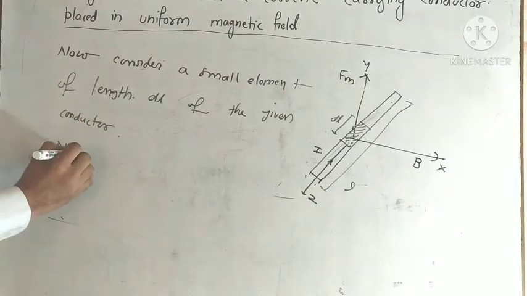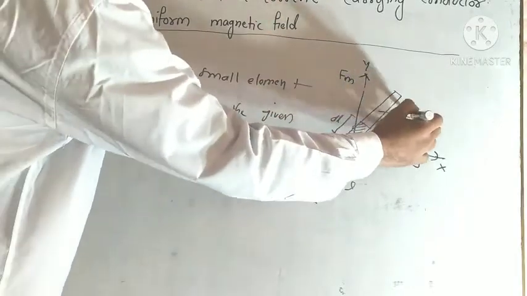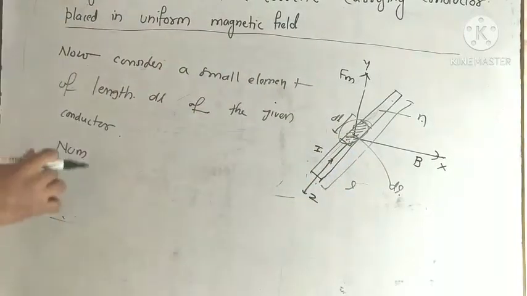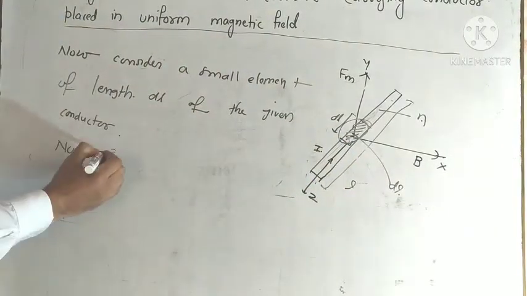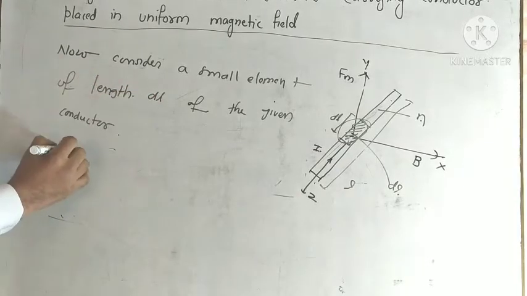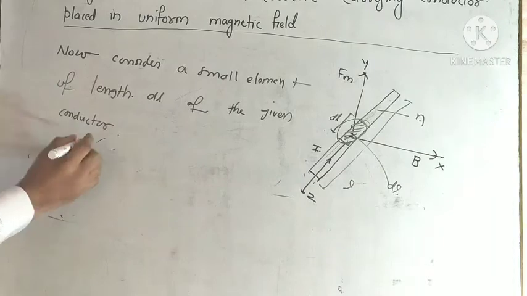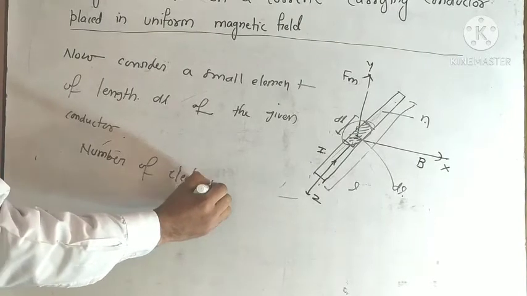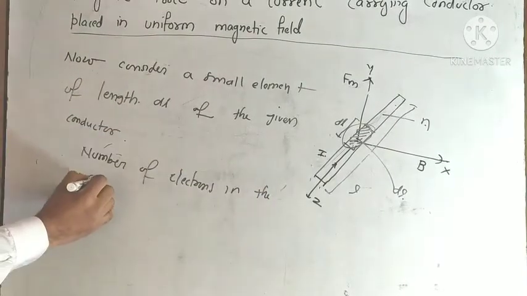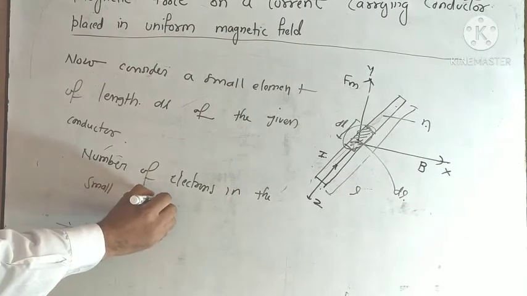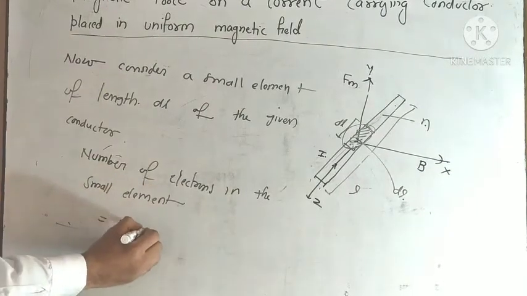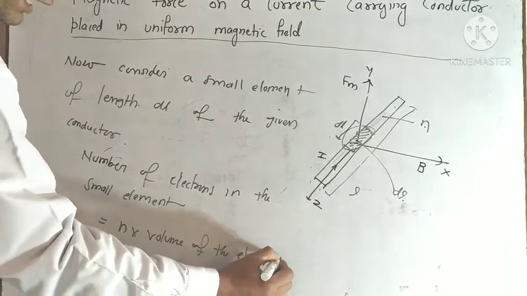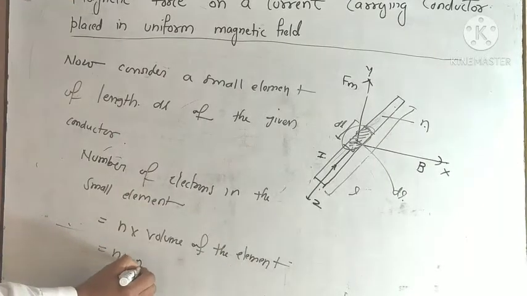So how many total number of electrons in this conductor is n. So how many electrons are present in this small element dl? Okay, so now we find it. The number of electrons in the small element is equal to n into volume of the element, that is n into A dl.